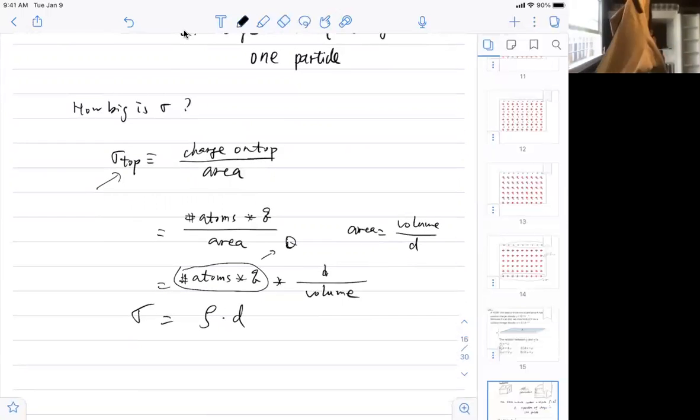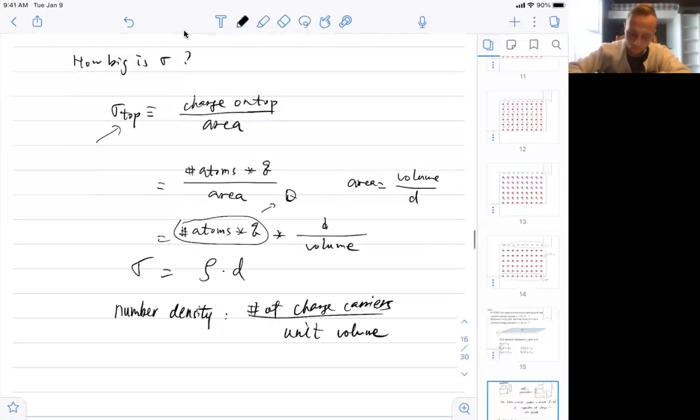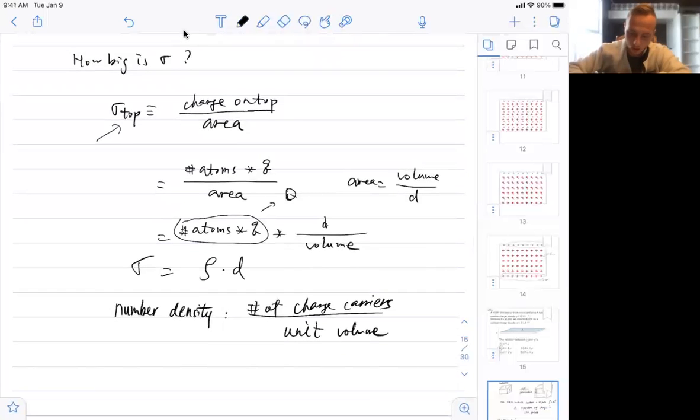If you also want to represent this using number densities, so number density is the number of charge carriers per unit volume. You can represent this using n.